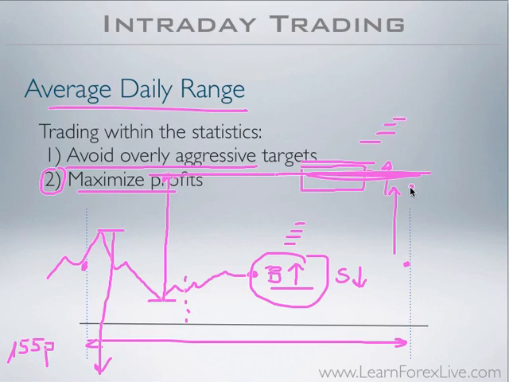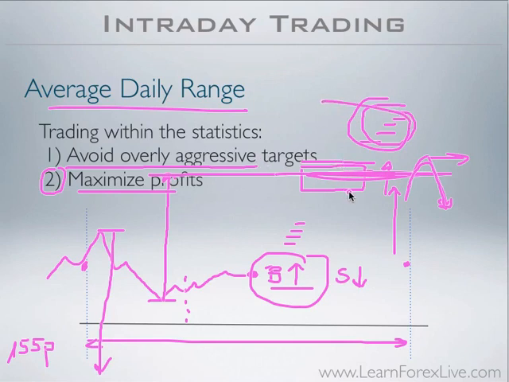Because statistically, chances are price is going to lose momentum once it hits this level, and chances are it will either meander sideways or turn around altogether. At any rate, from a statistical point of view, chances are it will never hit your final target. There is nothing worse than seeing a profitable trade turn around before it actually hits your final target.